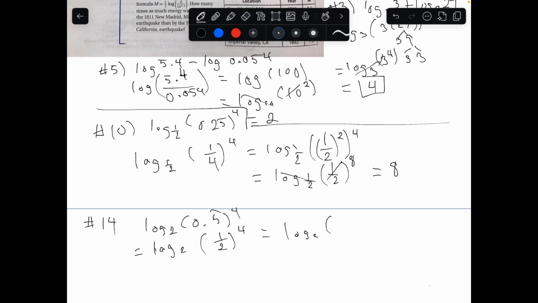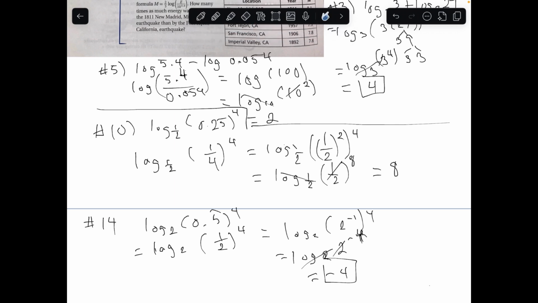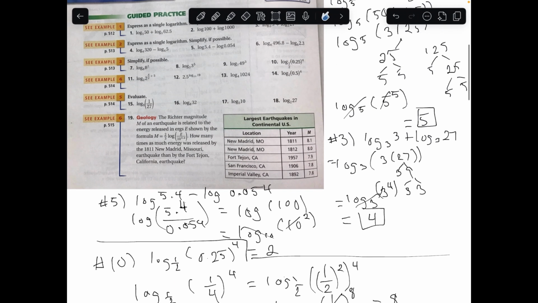Log base 2 of 2 to the negative 1 to the 4th. There again, I'm going to multiply my exponents together. Log base 2 of 2 to the negative 4. All right. Now the log base 2 and the 2 are going to cancel, leaving me simply with negative 4. Okay. So those are the two nastiest from that section.